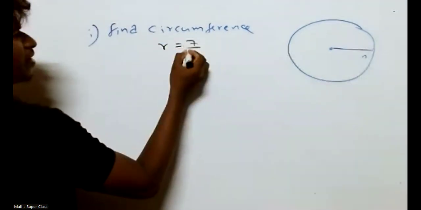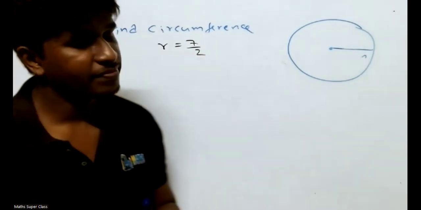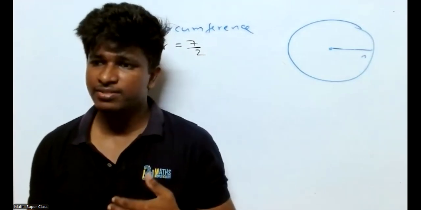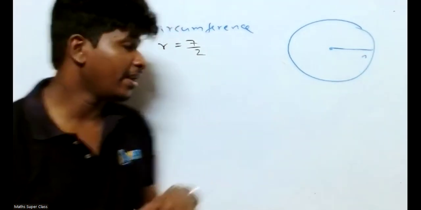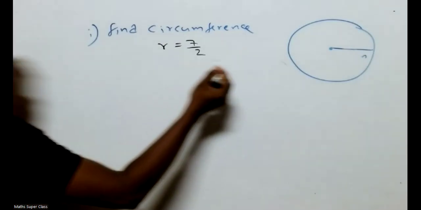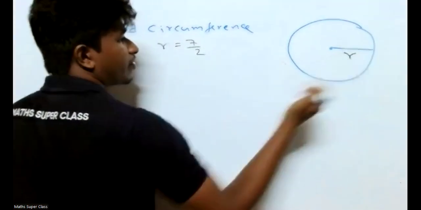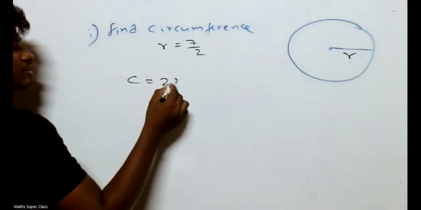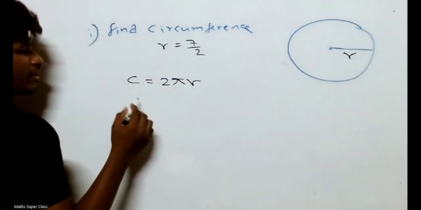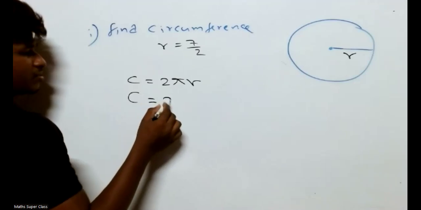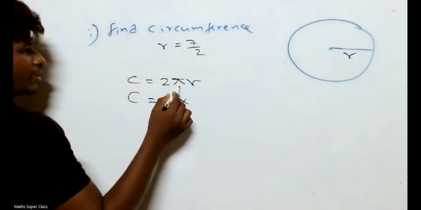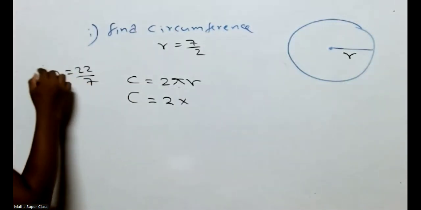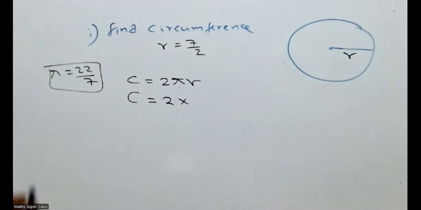So you have to find the circumference of the circle when r equals 7 divided by 2. This is the r, radius. This is the equation to find circumference: C equals 2 pi r. Pi means 22 over 7, and this is a fixed one.